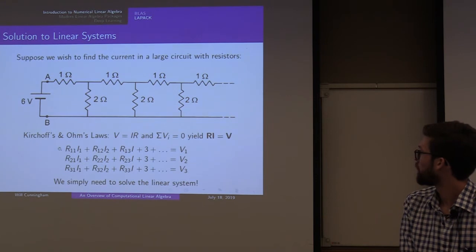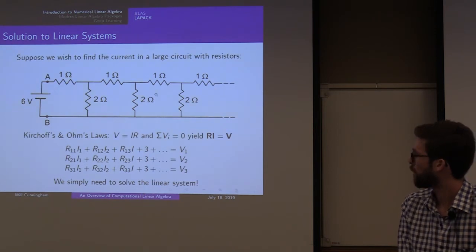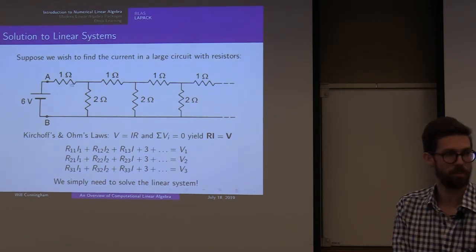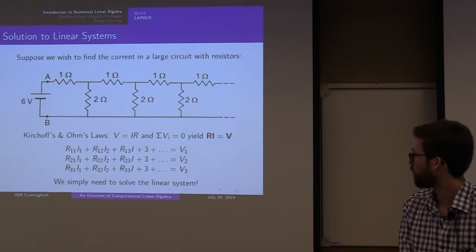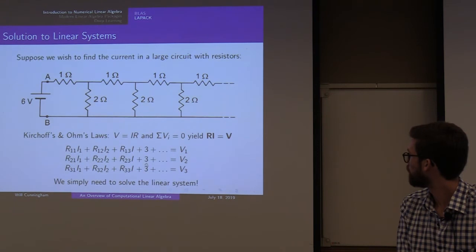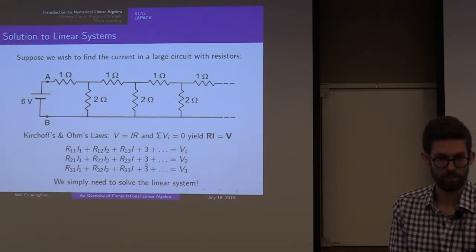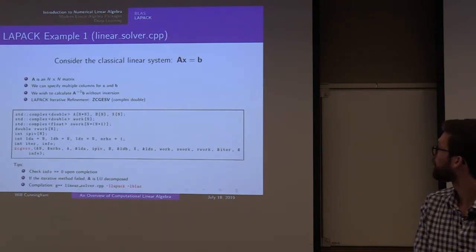We can look at each circuit individually and write it out so that we have a matrix of resistors and solve a linear system that way. And it's a lot easier than doing it by hand.